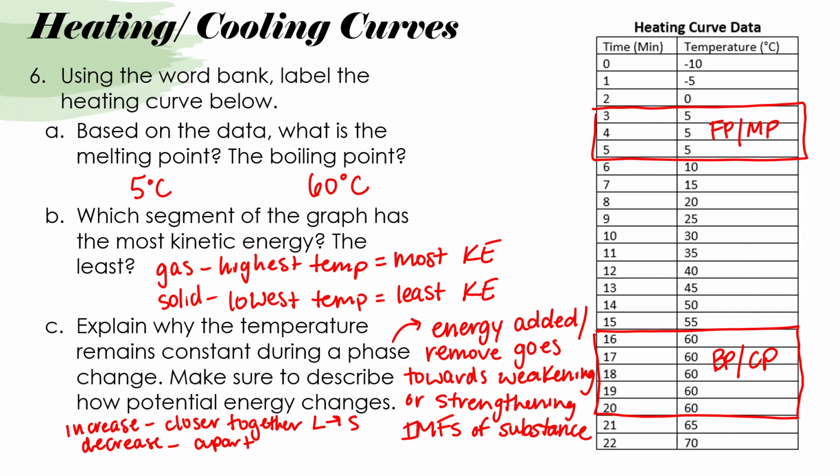So that would be, for example, changing a solid into a liquid. So during a phase change, that heat that is being added or removed is instead changing the potential energy of the particles rather than the kinetic energy of the particles. Because we're not changing kinetic energy, we're not changing the temperature, which is why we get those plateaus.